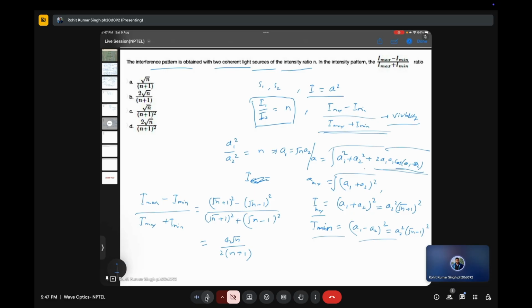So this is the correct answer, B. Fine. Everyone understood what we did? So for maxima, we just assumed this cosine term to be equal to 1, and for minima we assumed it equal to minus 1.